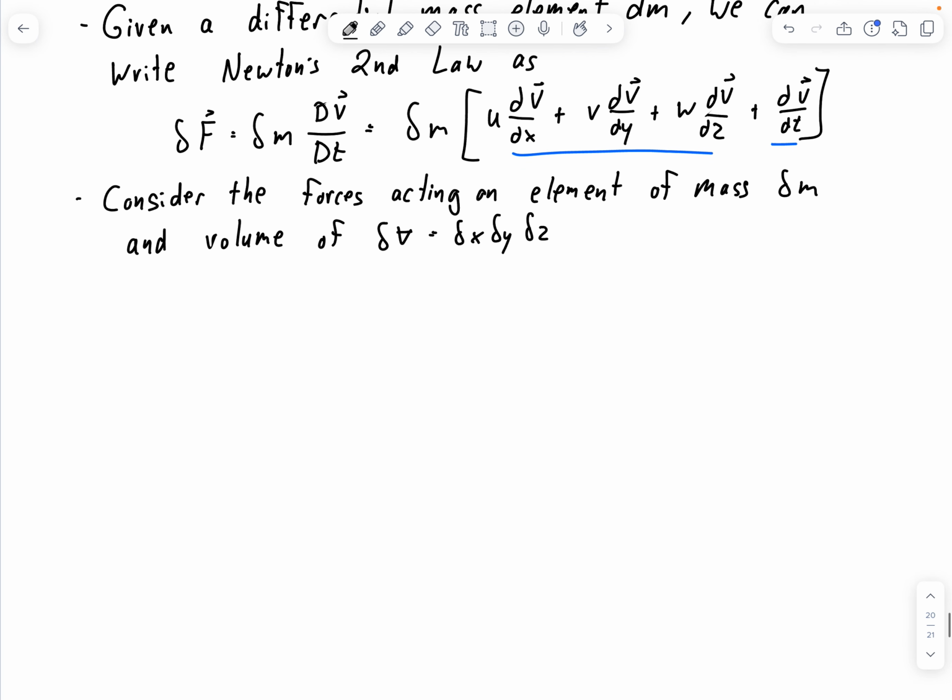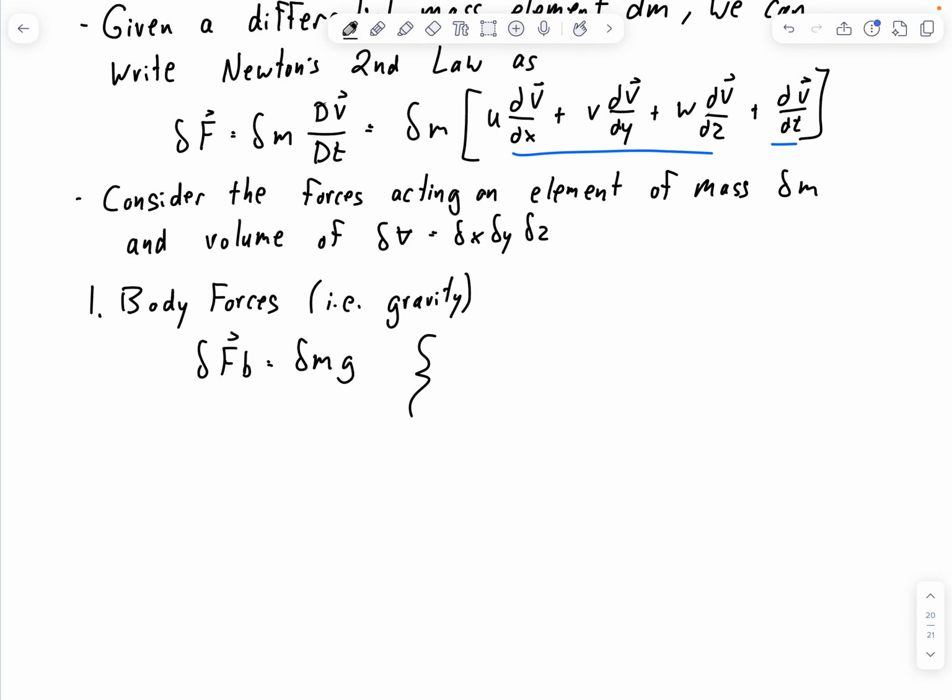The first type of forces is body forces. In particular, we are considering gravity as the only body force that this element will experience. So the differential body force delta F sub B is equal to delta M times gravity.